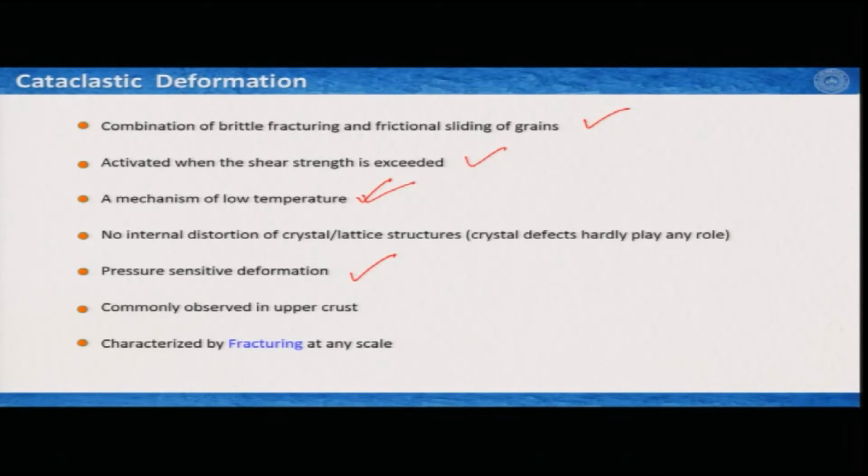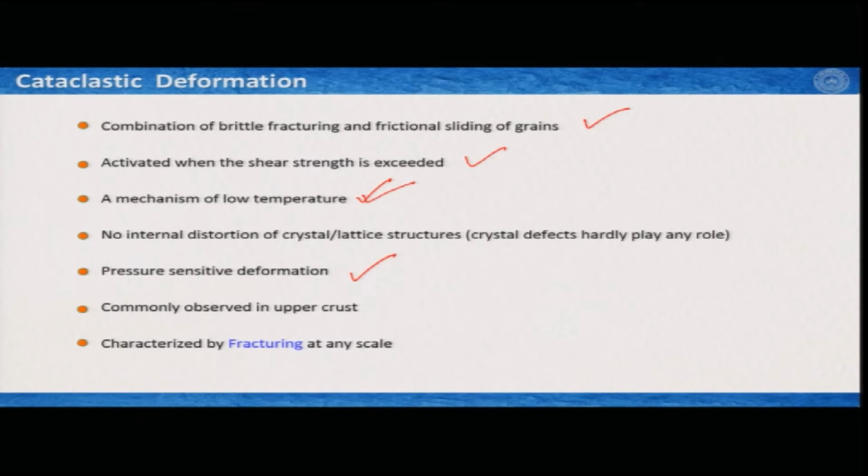The deformation is not that temperature sensitive, as I said, it is a mechanism of low temperature, but pressure plays a role, all sorts of pressures. You can think of the confining pressure, you can think of the pore fluid pressures. They play a very important role in controlling the different processes of deformation under cataclastic deformation.